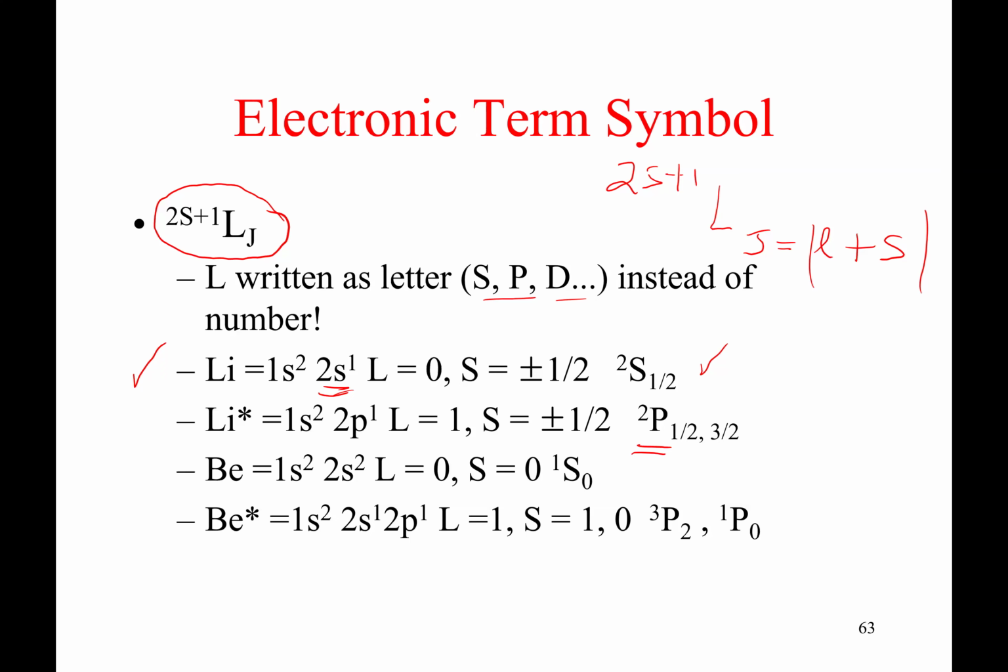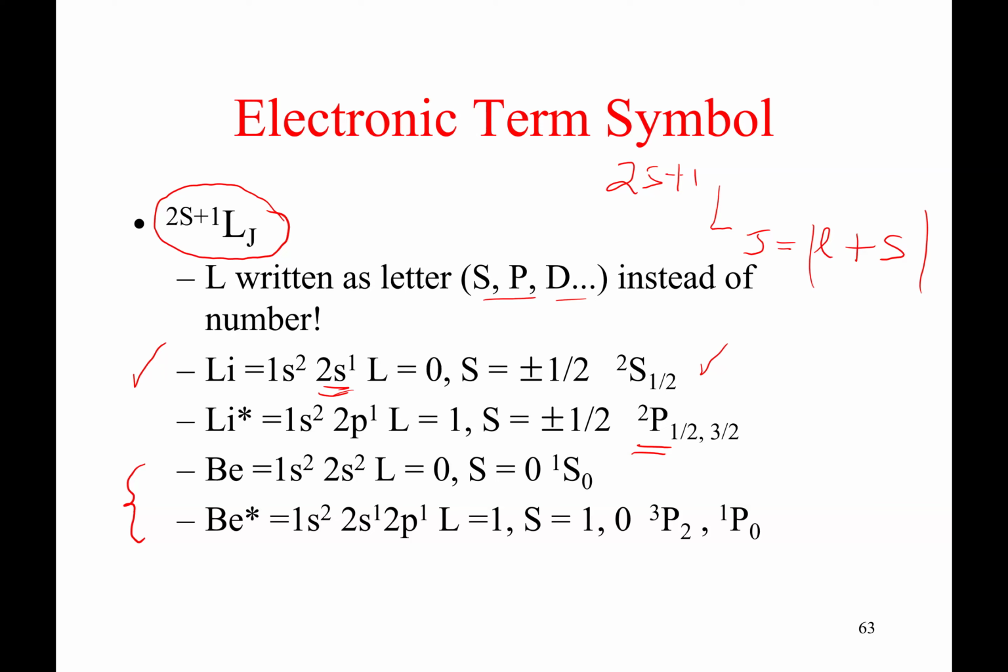Is that okay? So if you consider beryllium, 1s2, 2s2, notice the ground state. Remember, that's the basis of atomic absorption. You have the ground state electron configuration for that particular atom, and we're considering just the electrons in the outermost valence shell.